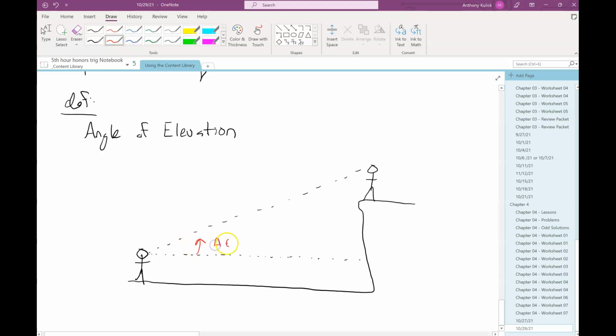This angle here is our angle of elevation, so that you can draw the correct picture in a story problem situation. Very important. So that's what we mean by angle of elevation.